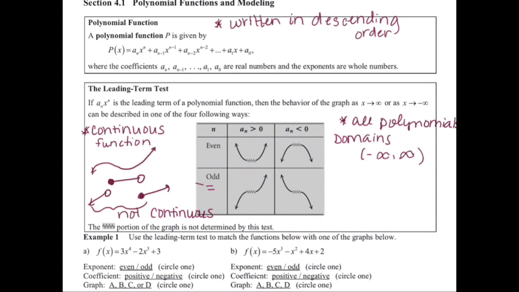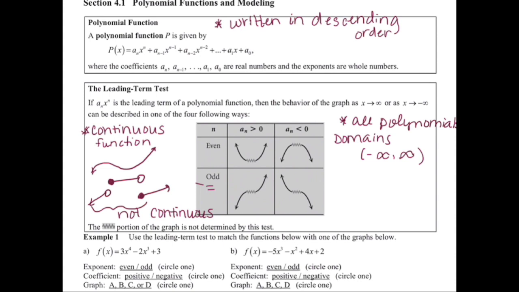Once our polynomial is written in descending order, the leading term tells us the direction in which our end behavior will happen. Are they both going up? Are they both going down? Is one going up, is one going down? And how might that look? We need to first write our polynomial in descending order and then take a look at the leading term.